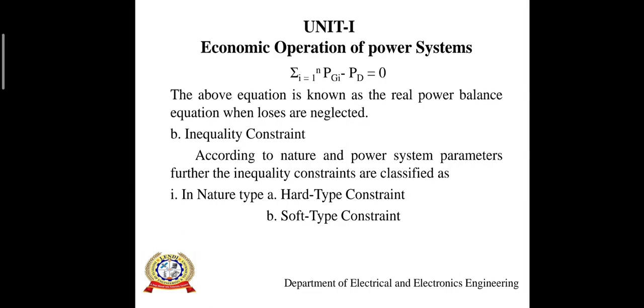Now the inequality constraints. These constraints are considered in an economic power system operation due to the physical and operational limitations of the units and components. Further, these inequality constraints are classified according to nature and power system parameters.